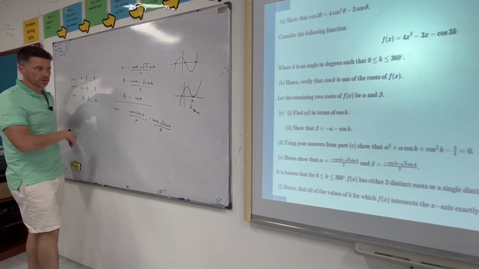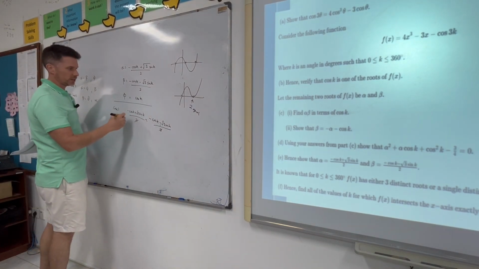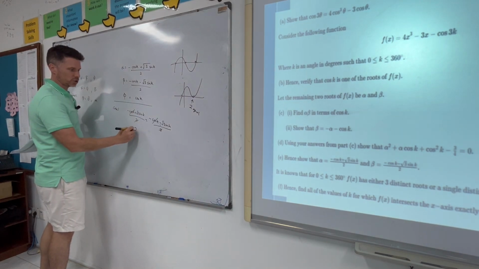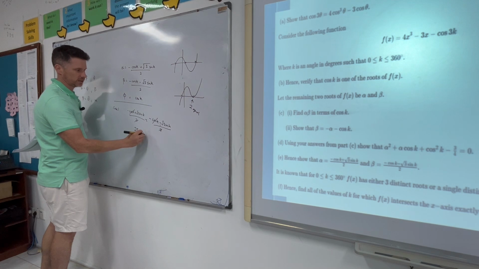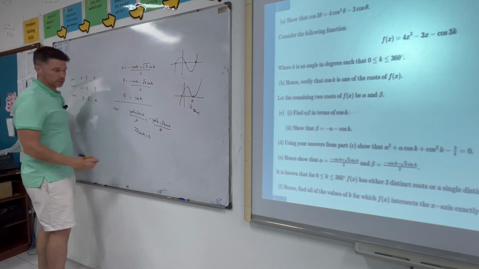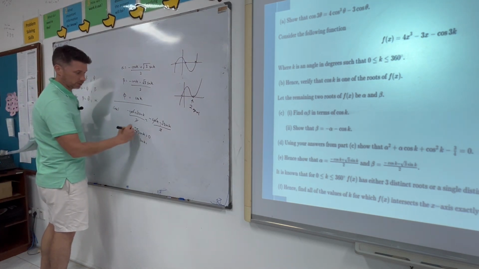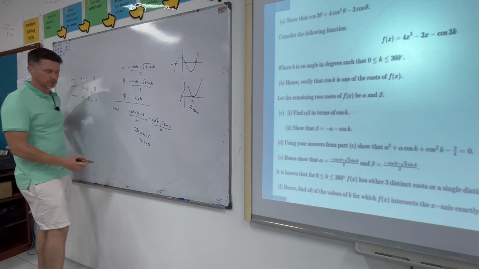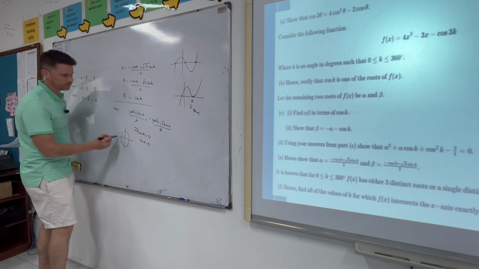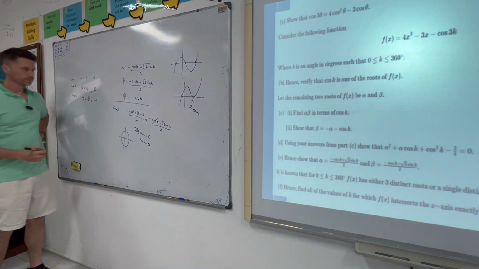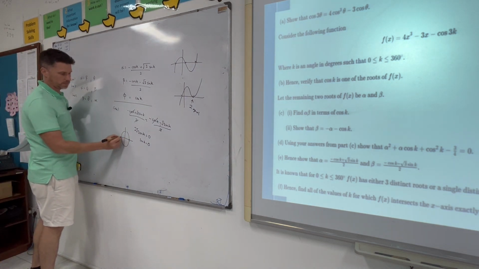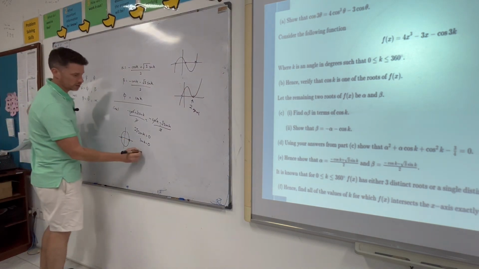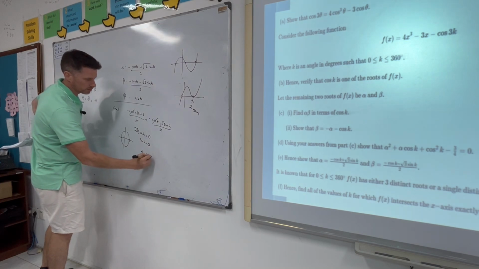So there's going to be 2 root 3 sine k's equal to 0, yes? So that means sine k is equal to 0 divided by 2 root 3, which is 0. Where is sine equal to 0 on a full 360 degrees? 0, pi, 2 pi. Or because this question is in degrees, 0, 180, 360.